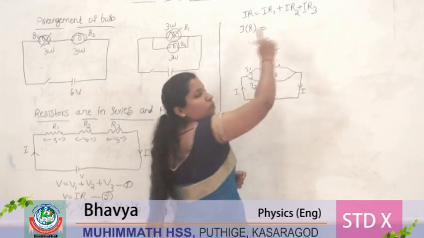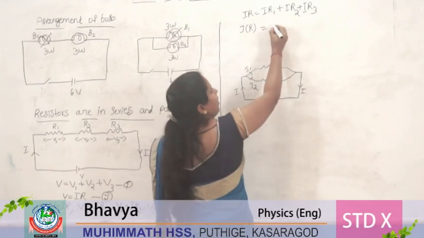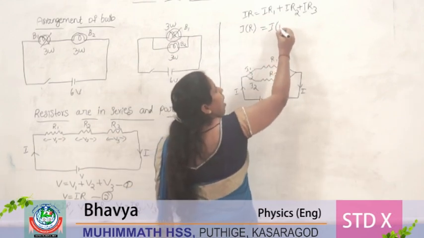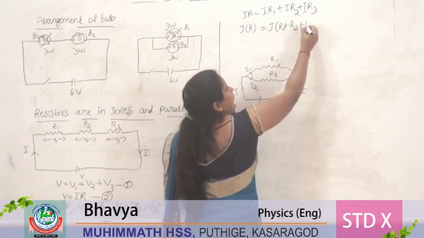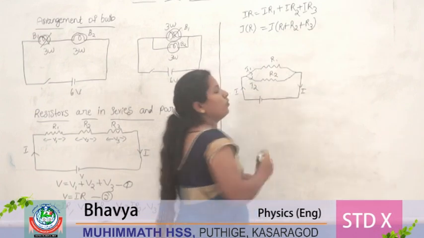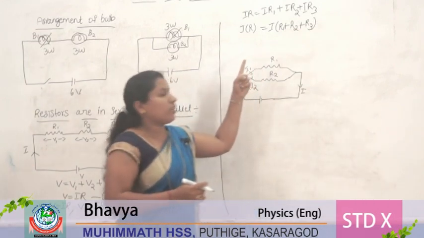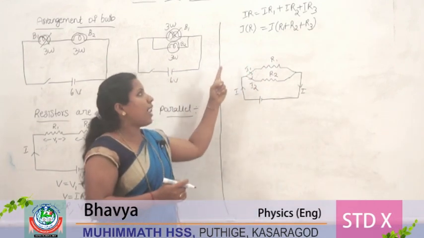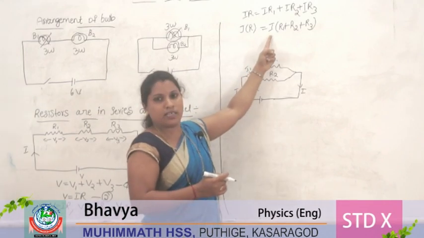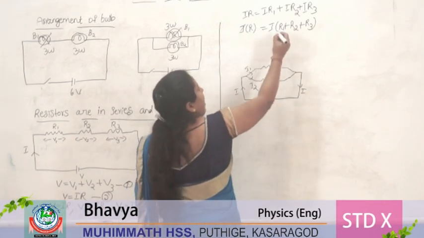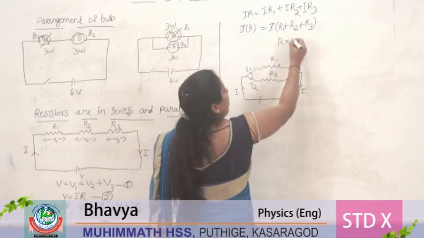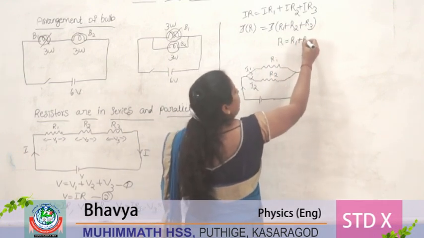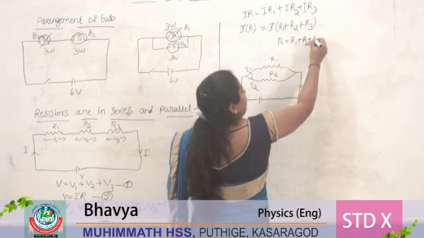Here I is a common factor, so we take it out: I into R1 plus R2 plus R3. I cancels on both sides, so you get R is equal to R1 plus R2 plus R3.